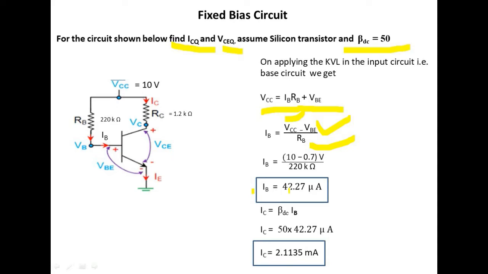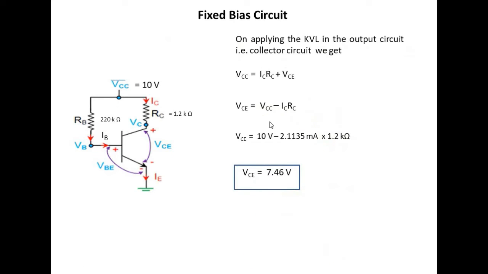So we get IB as 42.27 micro ampere. Now we have to calculate IC, and we know that IC is equal to beta DC times IB. IB is calculated. So IC is equal to 50 into 42.27 micro ampere. So we have got IC as 2.1135 milliampere.